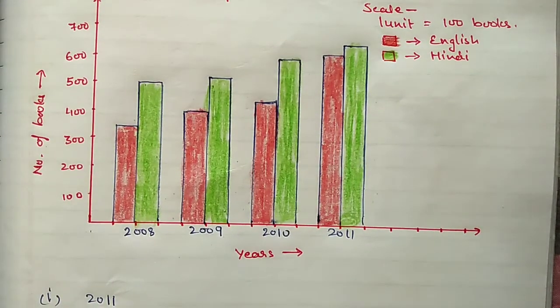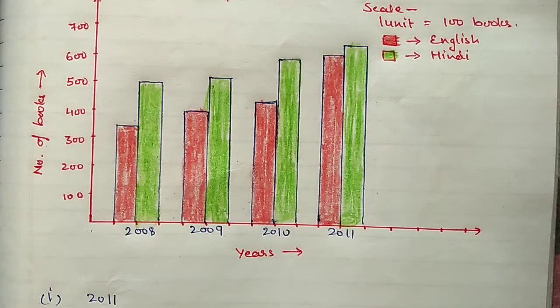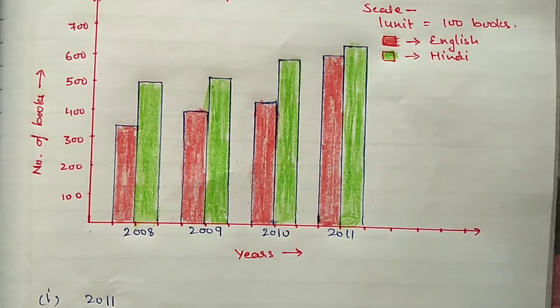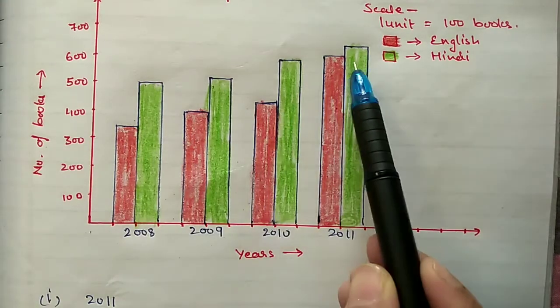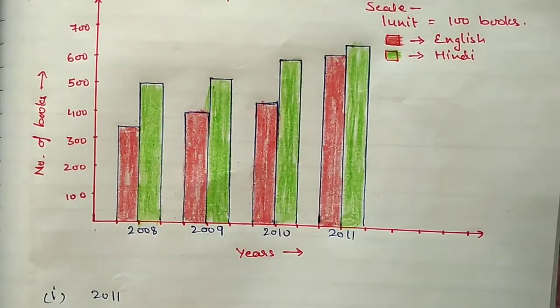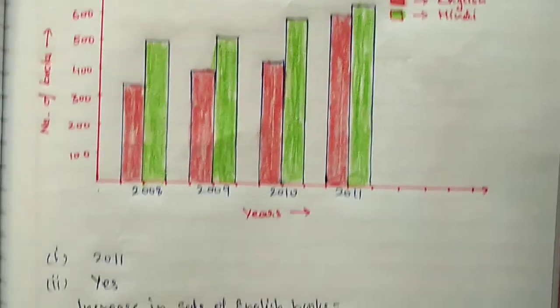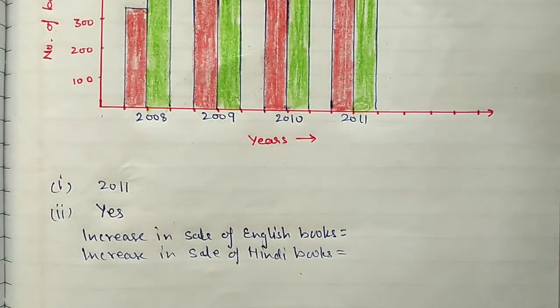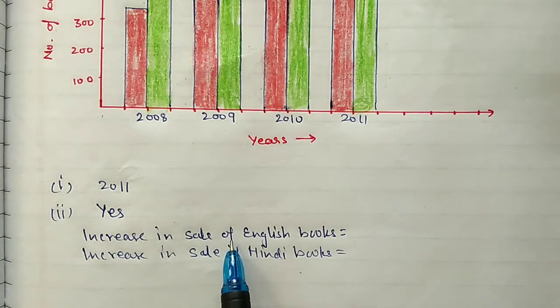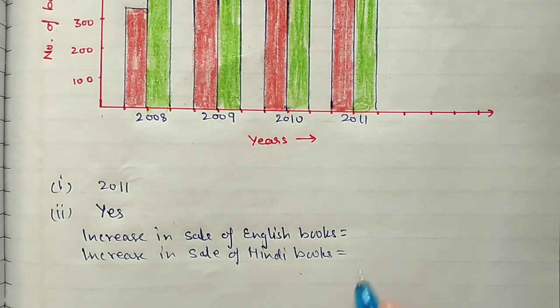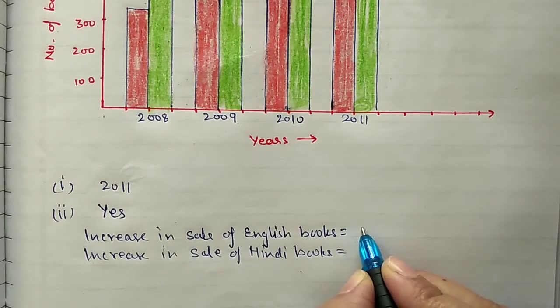Second question, can you say that the demand of English books rose faster? Justify your answer. Yes, we can say because you can see English books slowly this is increasing. So yes, the demand of English book is increasing and we have to justify our answer. For that we can take how much it is increasing. Increase in English book, starting it was 350 books and finally in 2011 it is 620.